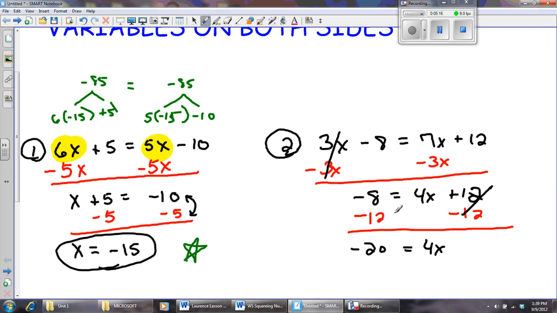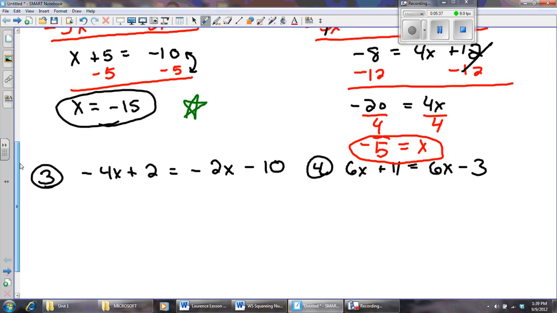I don't see a multiplication symbol, right? So I'm going to divide each side by 4, and then x will end up equaling -5. I'm going to leave it to you to verify that I did not make a mistake. You can check it by plugging -5 in for x.